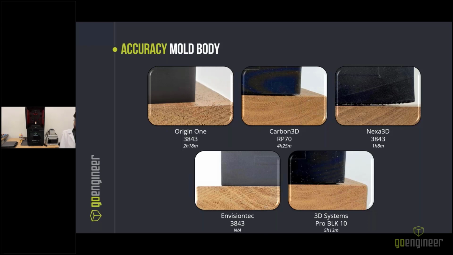Based on these photos, we can see quite significant warping out of the Carbon 3D, Nexa 3D, and 3D Systems, with the Origin 1 and Envision Tech providing the best results.